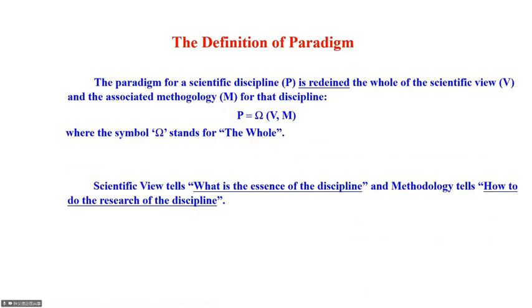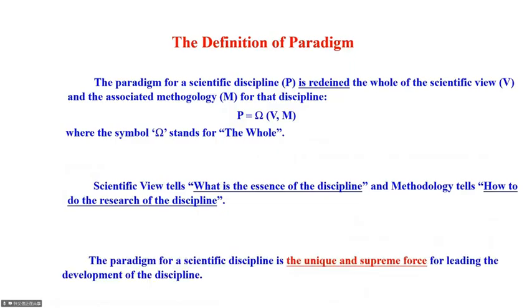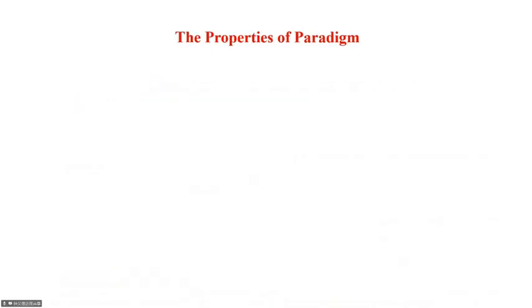And then the paradigm for a scientific discipline, for example for AI research, is the unique and superior force for leading the development of the discipline, like the leading force of AI research.